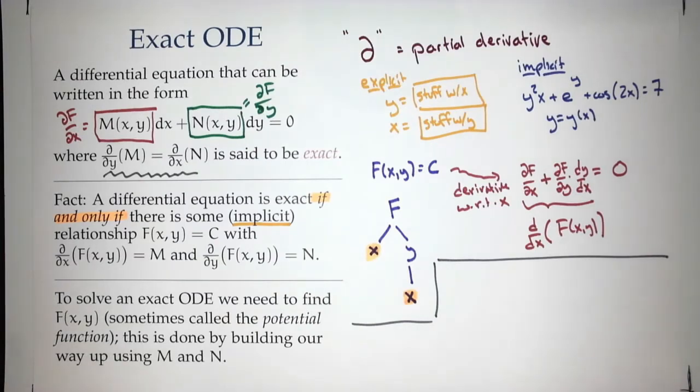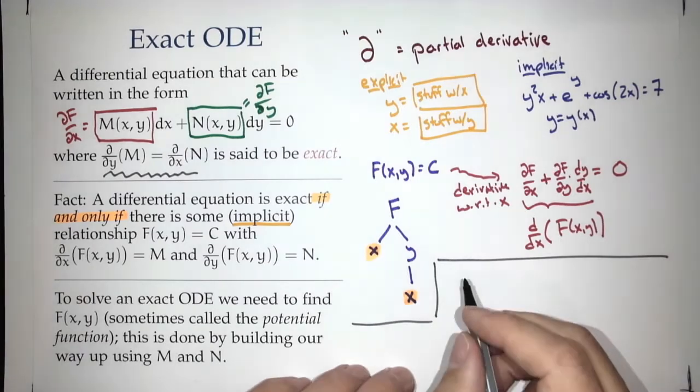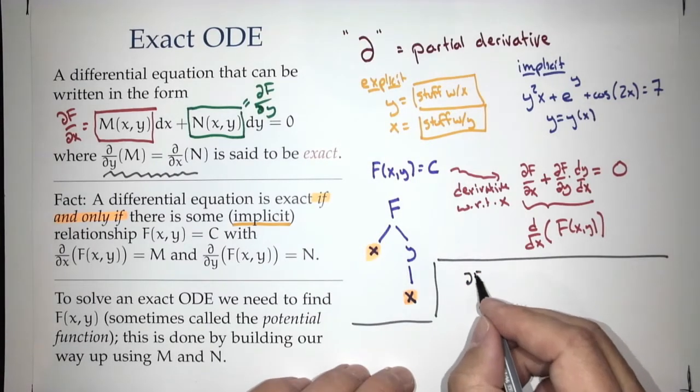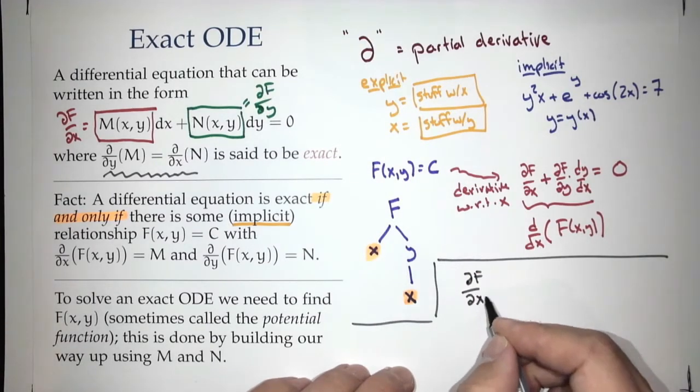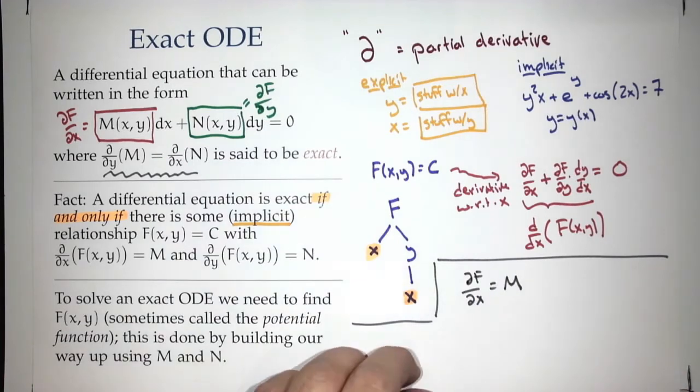Okay, so here's the way you can do it slowly. I know partial f partial x is equal to M. How would we get f? We'd integrate, because this is a derivative, and one of our mantras is it's easy to integrate a derivative.